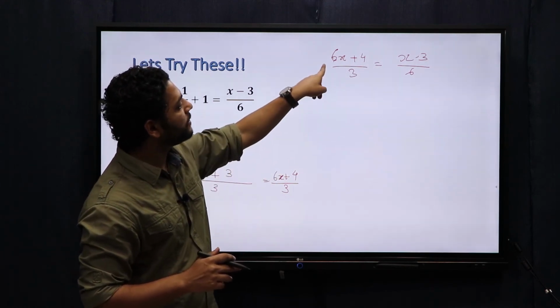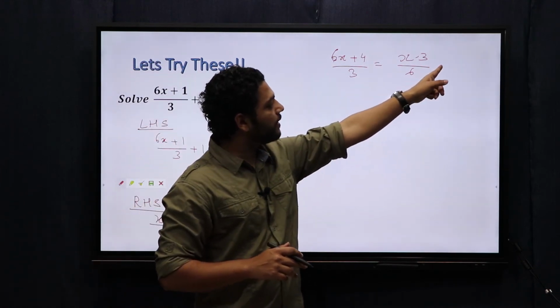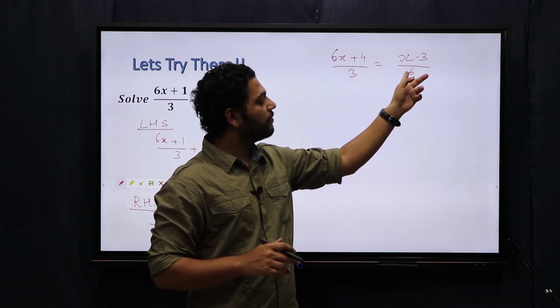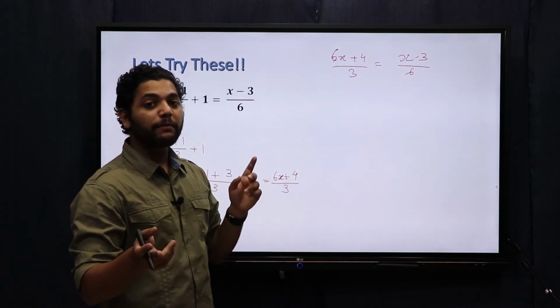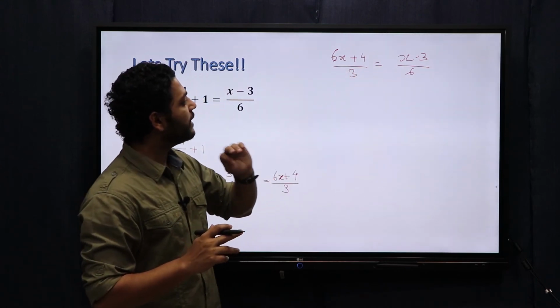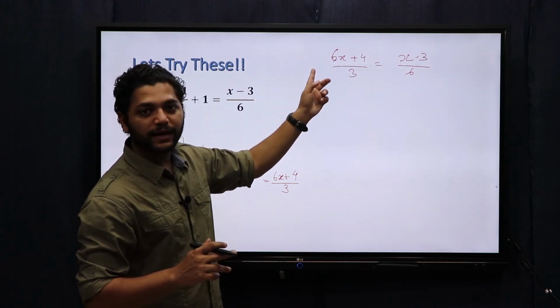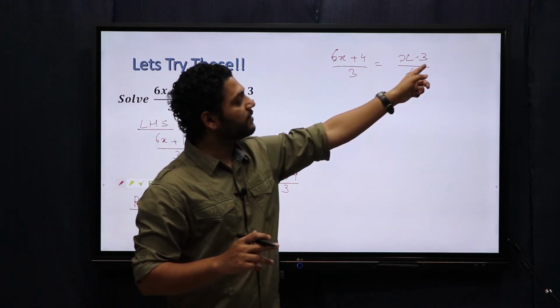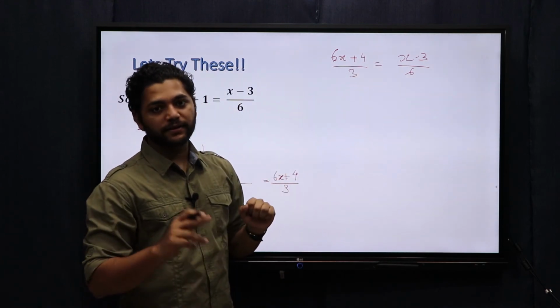So if I multiply 3 here, this 3 and the 3 would get cancelled, but the 3 here would again leave a denominator of 2, right? Whereas if I multiply the LCM 6, which is the LCM of 3 and 6, 3 and 6 will get cancelled to become 2, and 6 and 6 would get cancelled. So I have avoided the denominators, right?